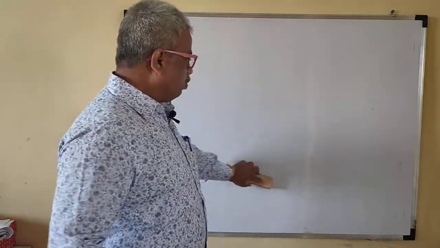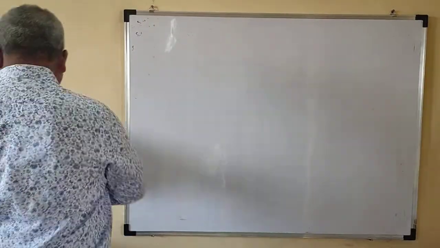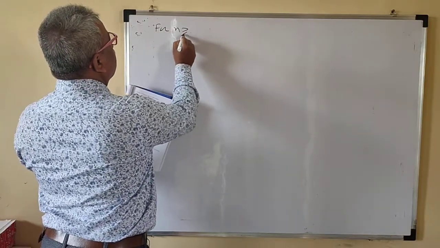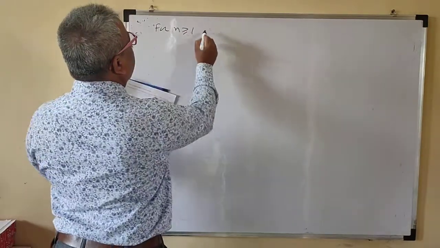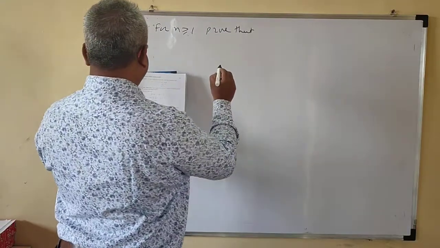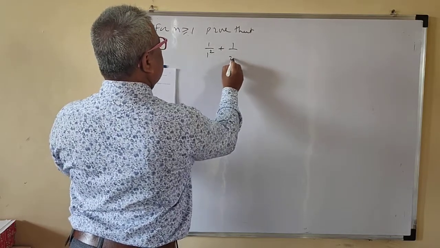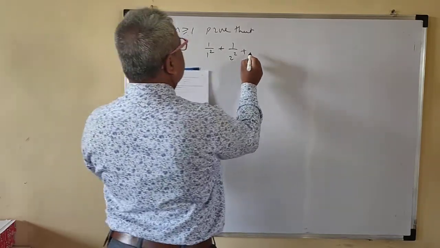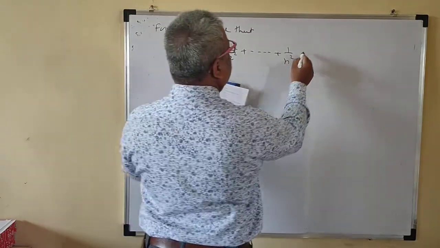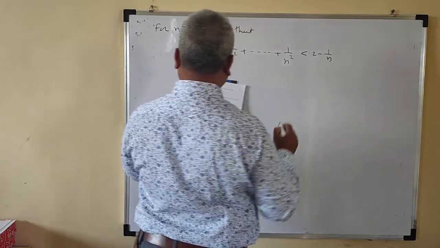Look, we will do one more problem on mathematical induction. For n greater than 1, prove that 1 upon 1 square plus 1 upon 2 square plus dot dot dot plus 1 upon n square is less than 2 minus 1 by n.